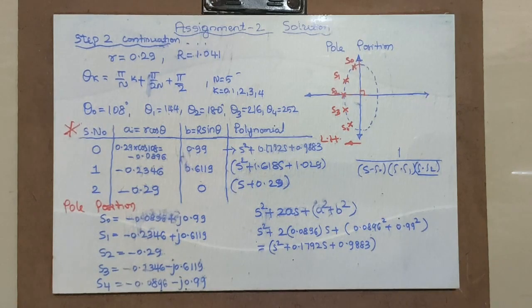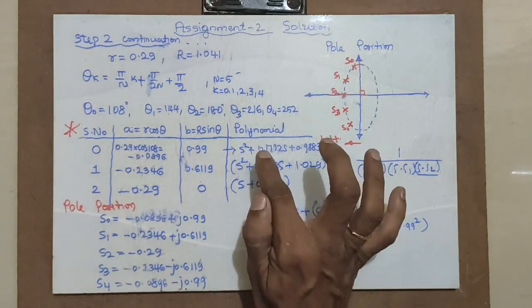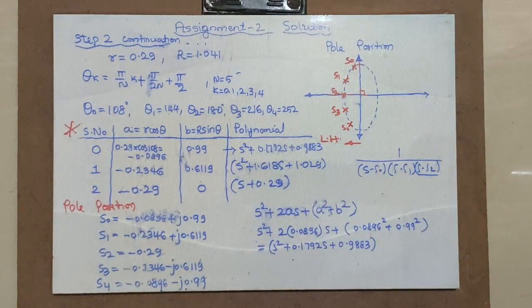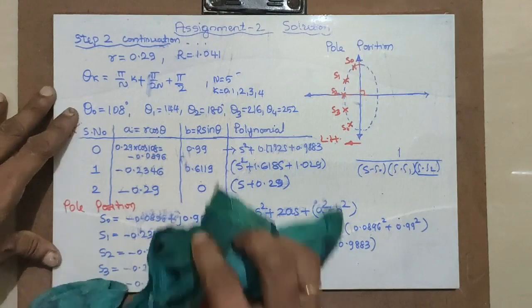Step 2, pole position I have found. Now step 3 is about finding the H of s value. How can I find the H of s value? I will be using these polynomials only. Next step is about finding out H of s.